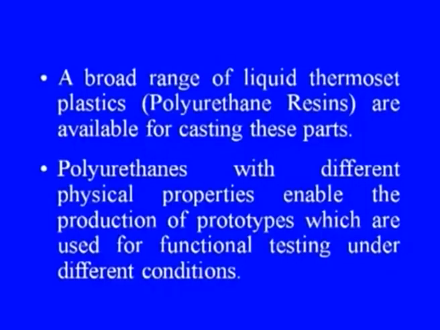A broad range of liquid thermoset plastics, that is nothing but polyurethane resins, are available for casting these parts. Polyurethanes with different physical properties enable the production of prototypes which are used for functional testing under different conditions.